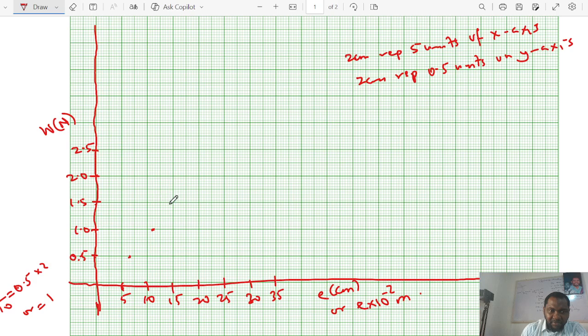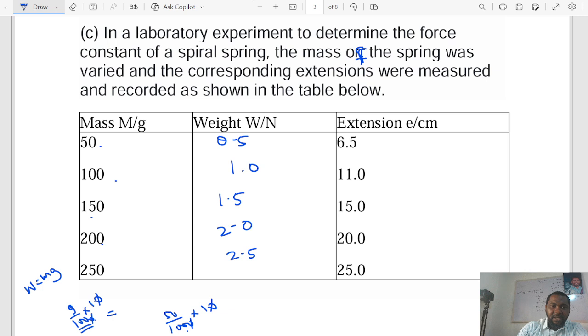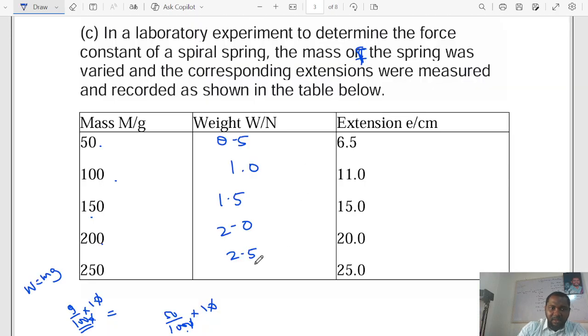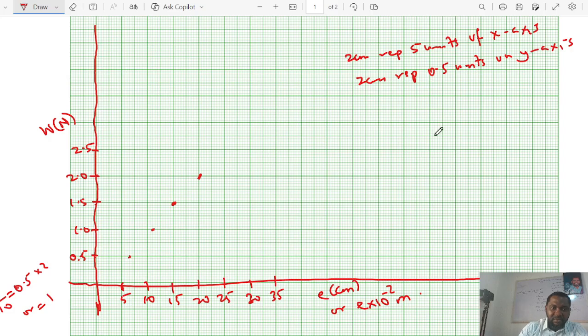So I have 1.5, this is 15 here. Okay. Then the next one is 2.0, 20. So this is 2.0, 20 is somewhere here, right? Then we have 2.5, 25. So this is 2.5, then here 25.